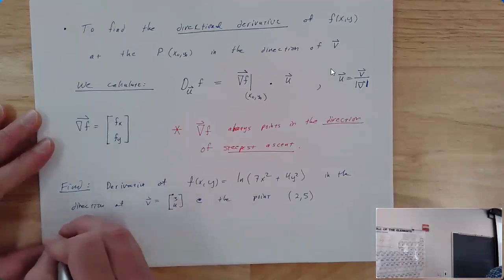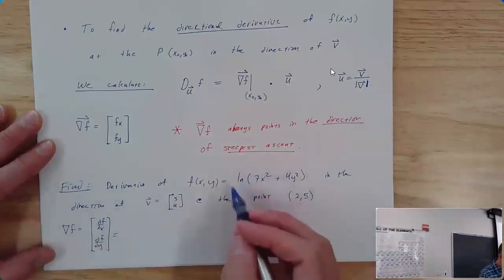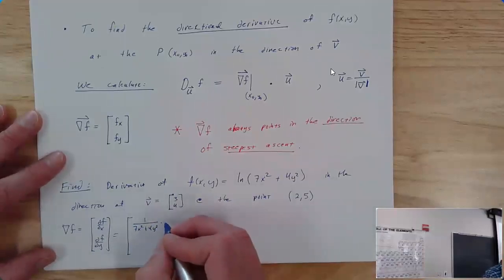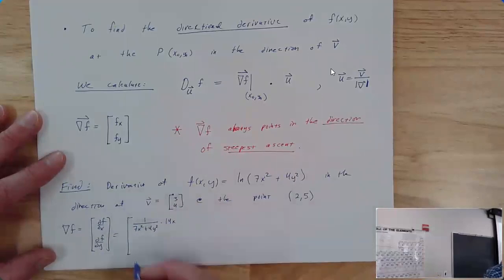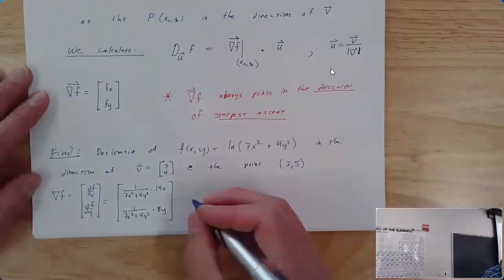My gradient here is going to be del f del x, del f del y, which is going to equal, okay, the derivative of this with respect to x is 1 over 7x squared plus 4y squared times the derivative with respect to x, which is 14x. Partial with respect to y is 1 over the stuff times the derivative of the stuff, which is 8y. That's our gradient. And then we want to plug in our point as well.